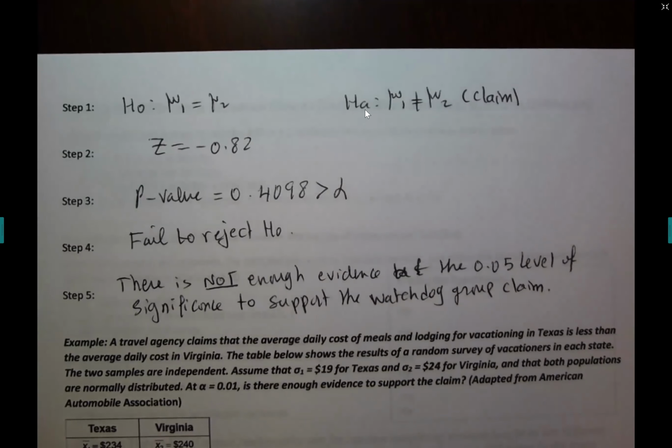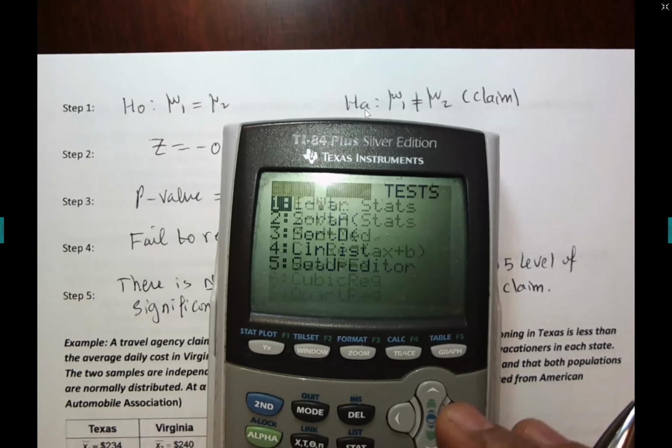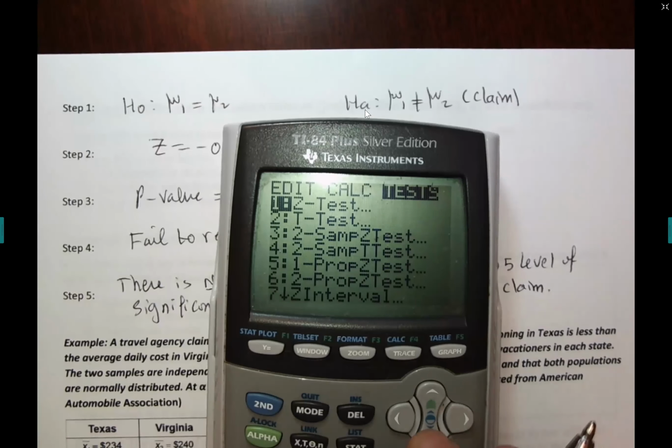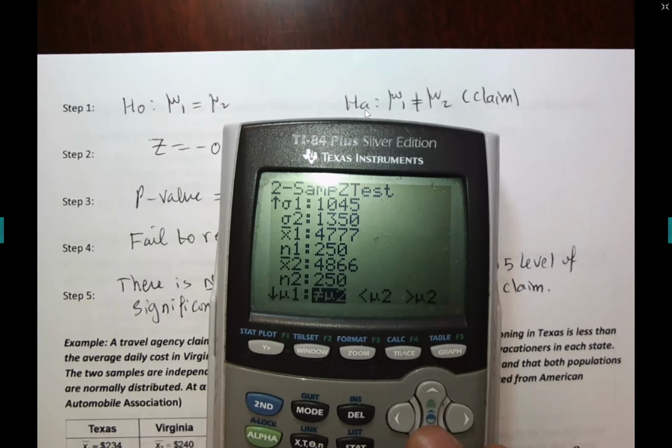Okay, here's what I plugged into the calculator. So we went to Stat, Tests. You have to select 2-sample Z test. It's a summary; I don't have actual data. So I put sigma 1, then sigma 2, then x1 bar, then n1, then x2 bar, the mean from the second sample, which is Illinois, then n2 250, then I selected not equal to.